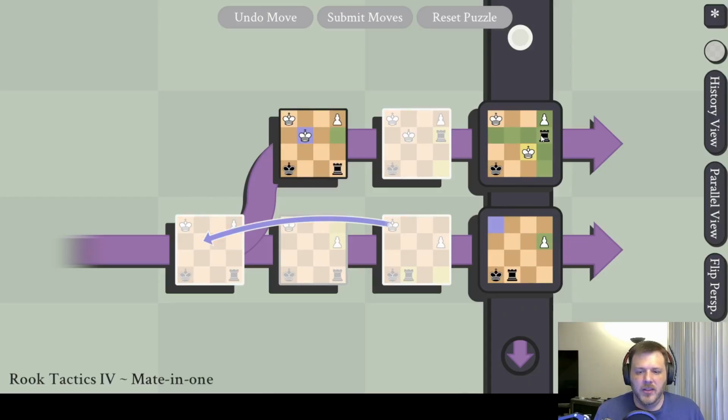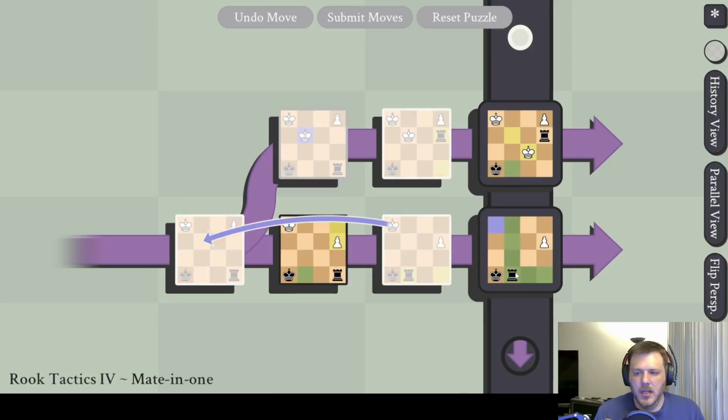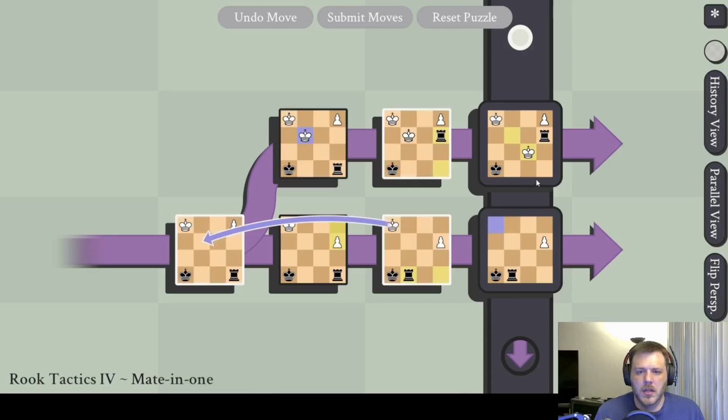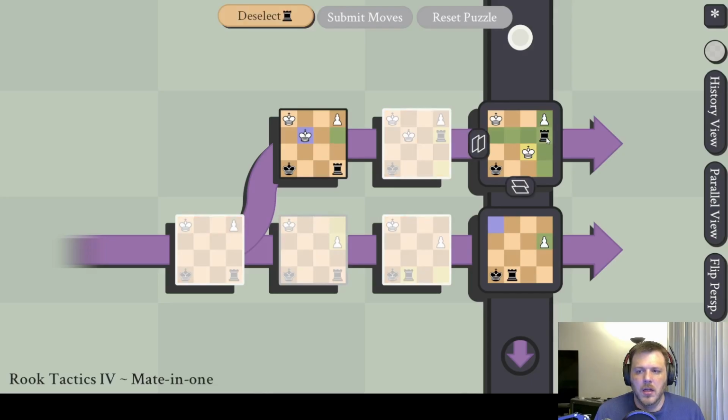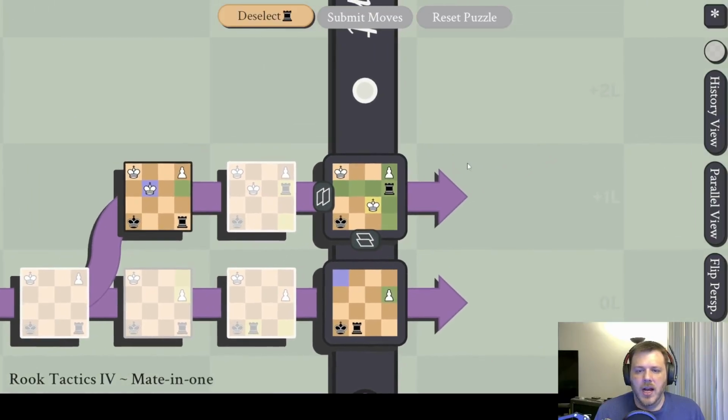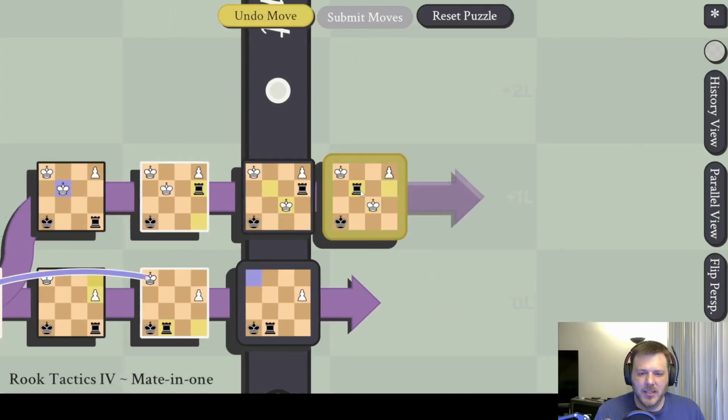So I can move on these two boards. This is mate in 1. Well, so I want to put the rook right here, but then it can be captured.